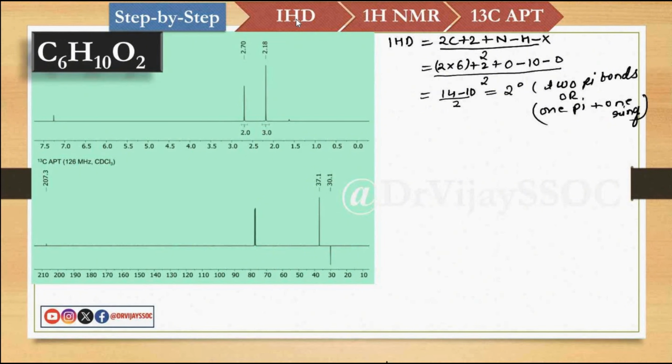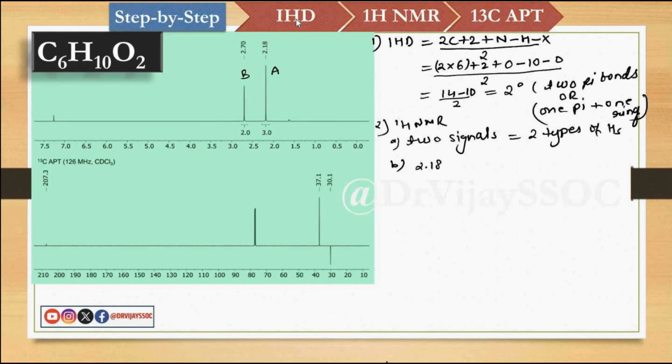Now we are going to check the 1H NMR, and as I told you, first we will see how many signals there are. So there are 2 signals. One is, let's say, A, and this is B. So there are 2 signals, meaning there are 2 types of hydrogens. Now signal A is at 2.18 ppm, which has an integration value of 3 hydrogens, and it is a singlet.